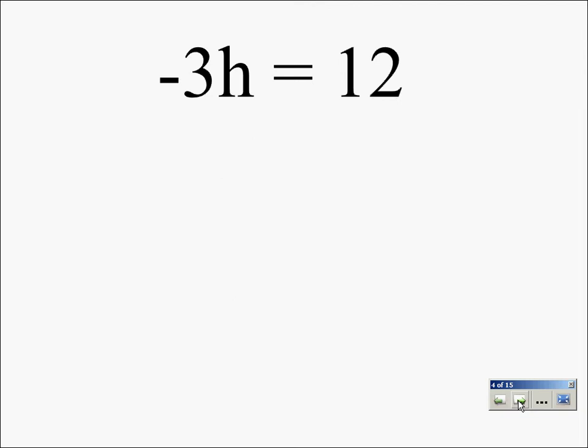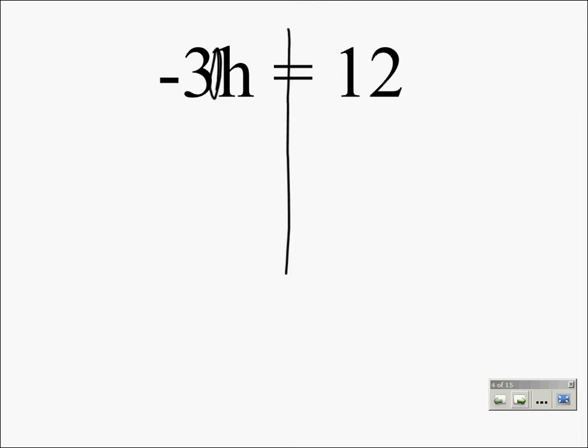Negative 3h equals 12. Again, an equation because I have an equal sign, so I can solve it. My variable is h. That's what I'm trying to get by itself. So I'm going to start by drawing that line down the middle again, and we said we always want to do the opposite on both sides. Here I see a negative 3h, and I need to think about what's between the number and the variable.